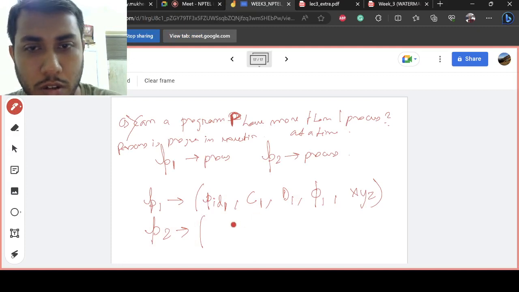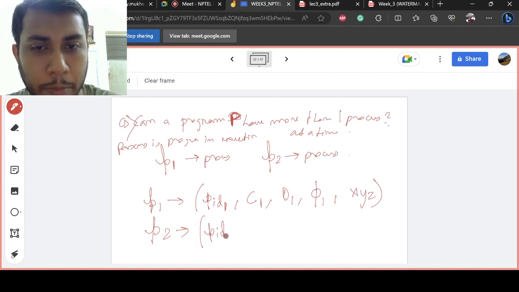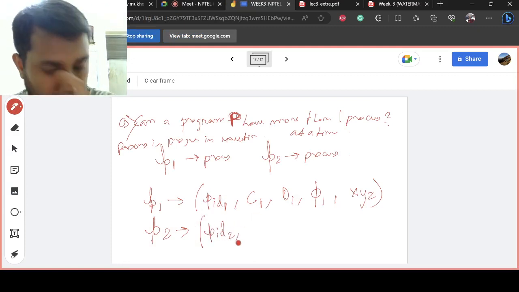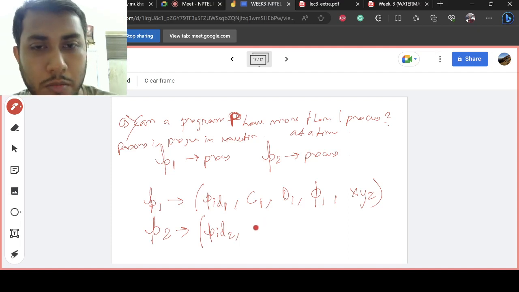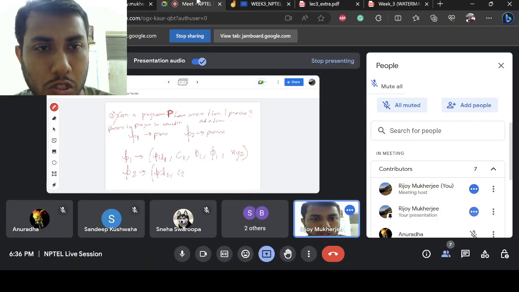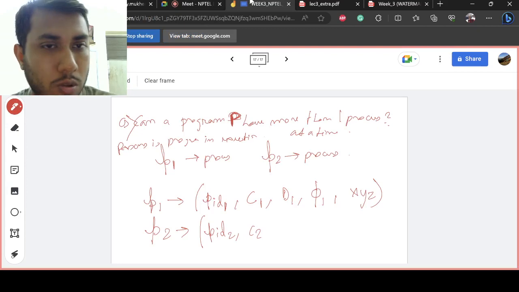No, it will have a different identifier, PID2. C represents code, D represents data, phi is your registers, and XYZ is your program counter.